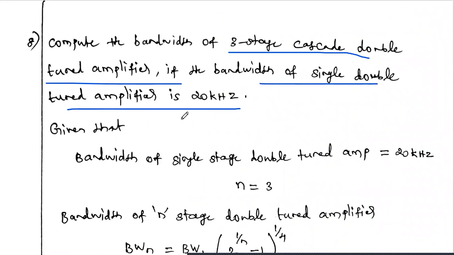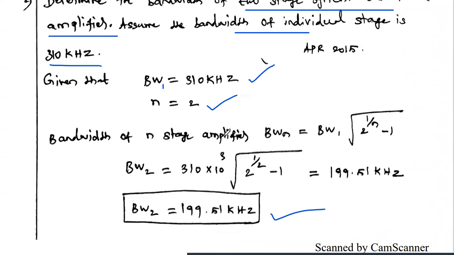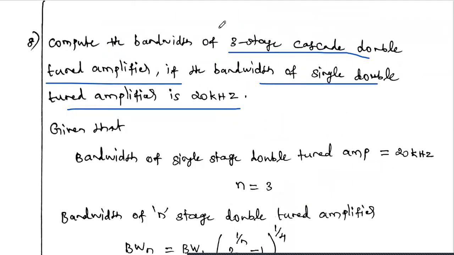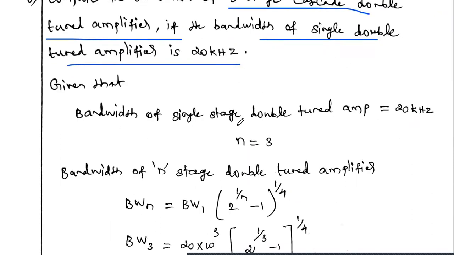In the previous two problems, single tuned amplifiers were connected in cascade, and the formula is BWN equals BW1 into square root of 2 to the power 1 by n minus 1. Here, three-stage double-tuned amplifiers are connected in cascade, so what is the overall bandwidth? The bandwidth of a single-stage double-tuned amplifier is 20 kilohertz and the number of stages is n equals 3.